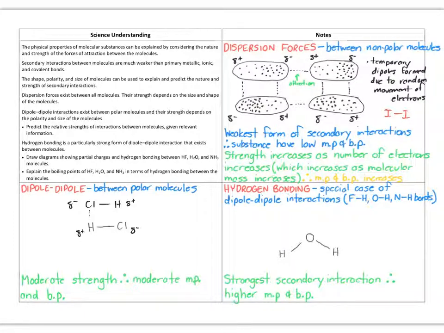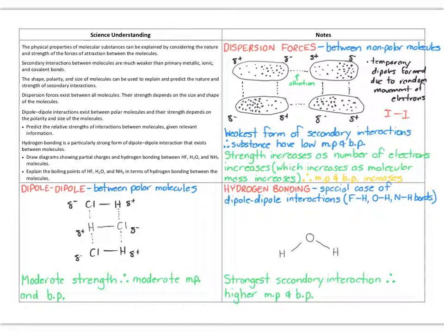So we will get these oppositely charged ends of the molecules, the negative end and the positive end, and the negative and positive ends will attract each other. If we had another hydrochloric acid down here, positive end, negative end, once again we would get these interactions like this.